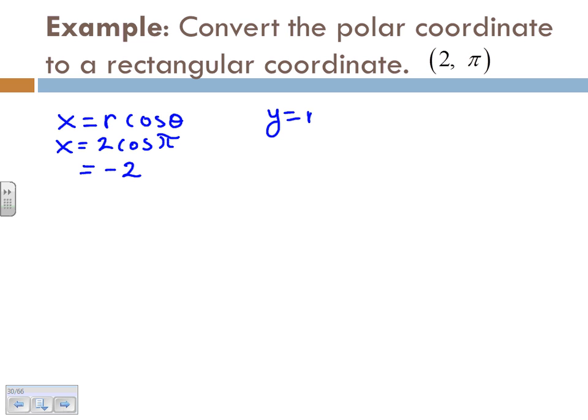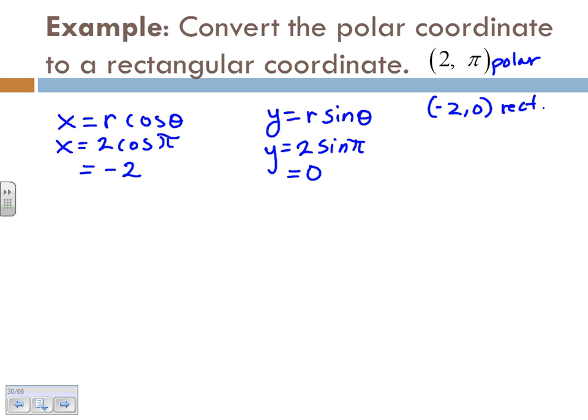Y is R sine theta. So in this case, y is 2 sine pi, which will give you what? So this will convert this polar coordinate. Your rectangular coordinate would be negative 2, 0.